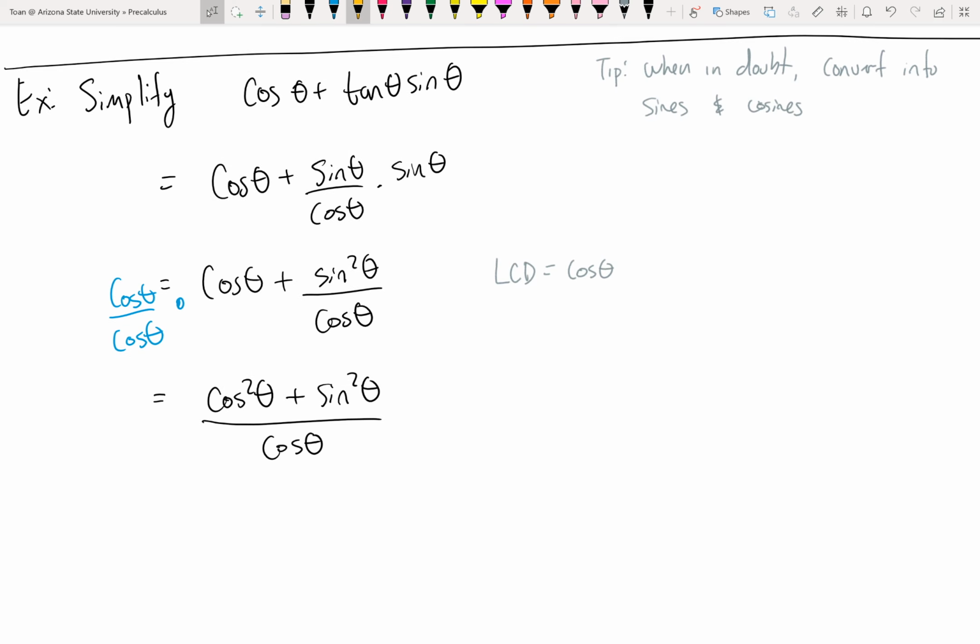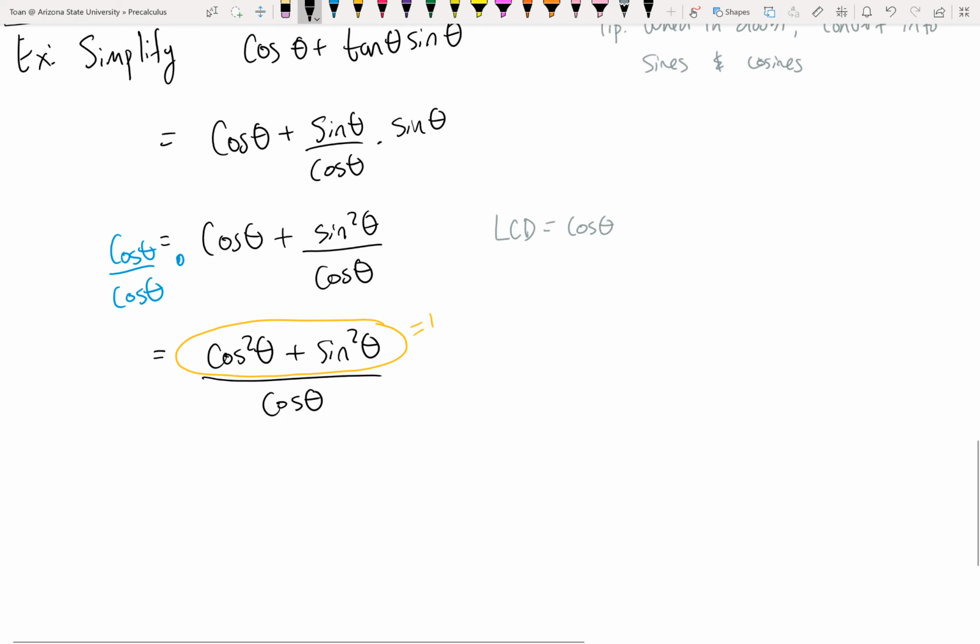And lo and behold, what do we know? Cosine squared plus sine squared equals 1. So we have 1 over cosine, which is secant. That's pretty cool. This whole guy here at the beginning equals secant.